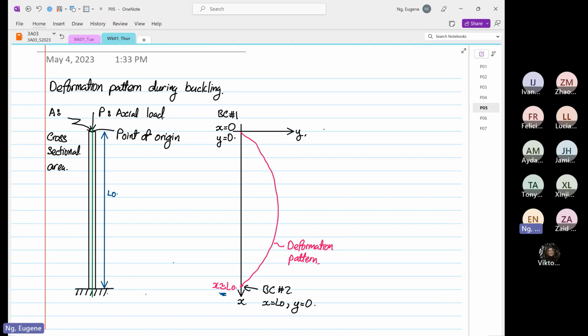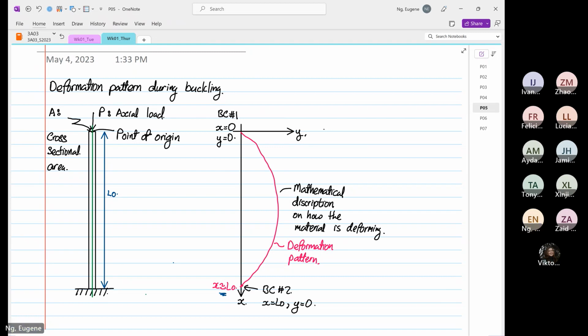So what you see over here, by looking at the deformation pattern, is basically the mathematical description of how the material is deforming.